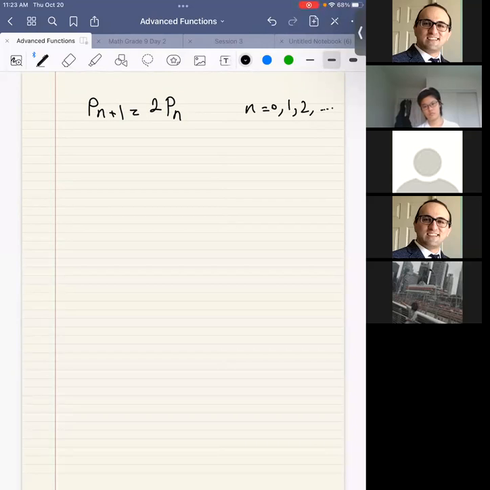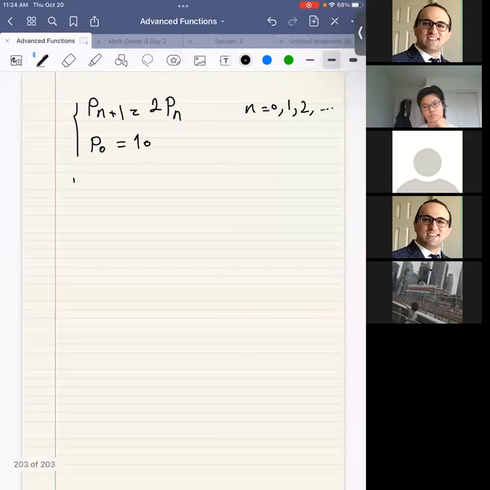That means each time you have a new term of a sequence, you define it in terms of the previous terms. And I also have to tell you the first term, and we know that P_0, for example, is 10. It doesn't matter, it can be any number.